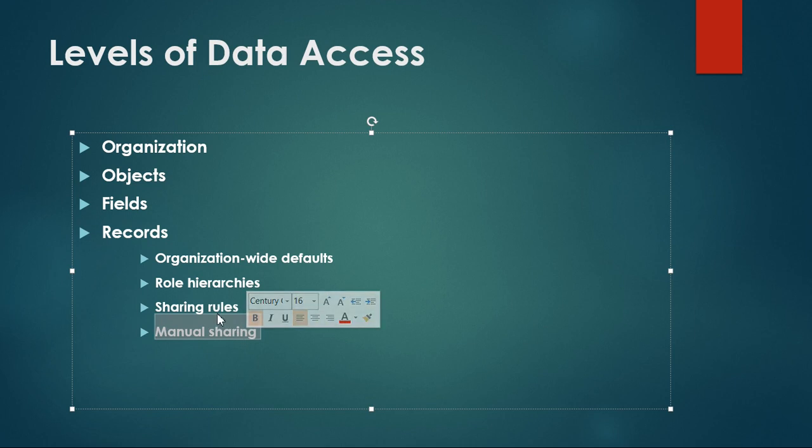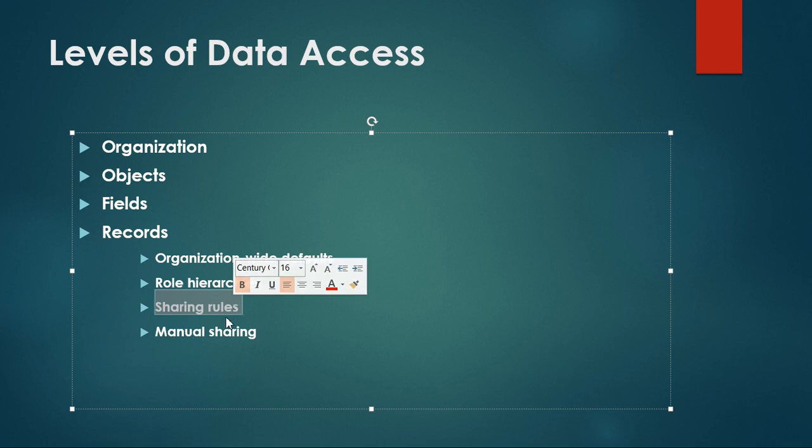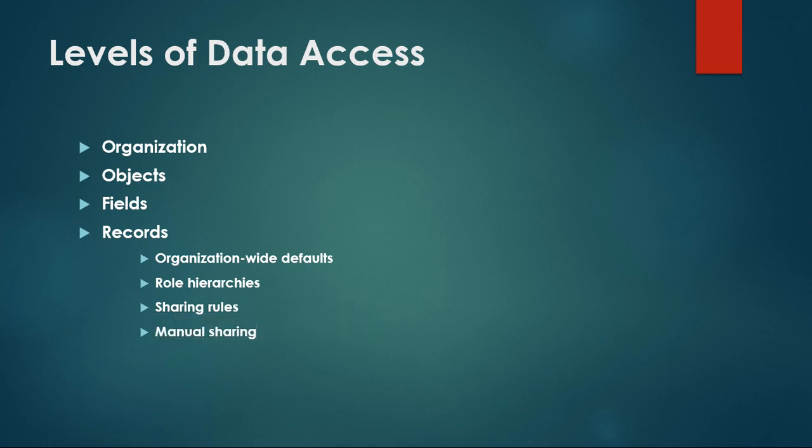Sharing rules are automation where we create a public group, keep a group of users in it, and give access to particular records they specifically need. Manual sharing simply shares a record manually.